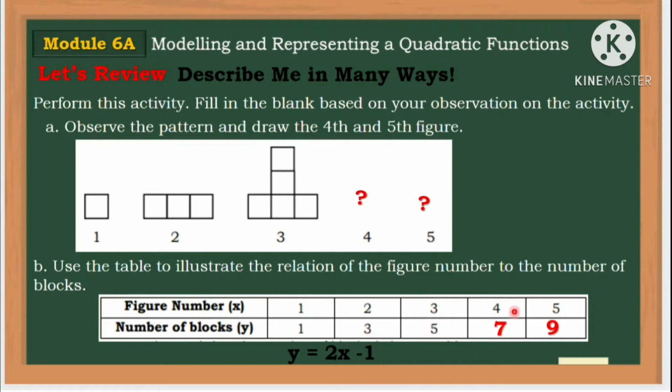If x is 4, 2 times 4 is 8, minus 1 is equal to 7. And if x is 5, 2 times 5 is 10, minus 1 will give us 9. So the equation of this pattern is y is equal to 2x minus 1.